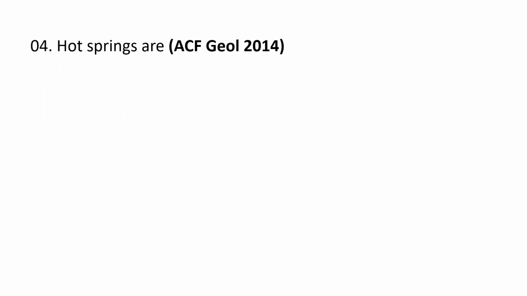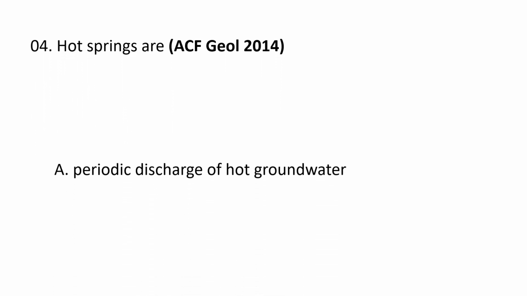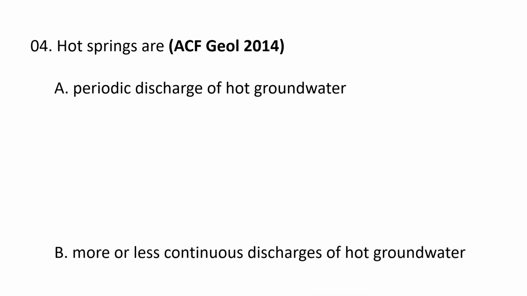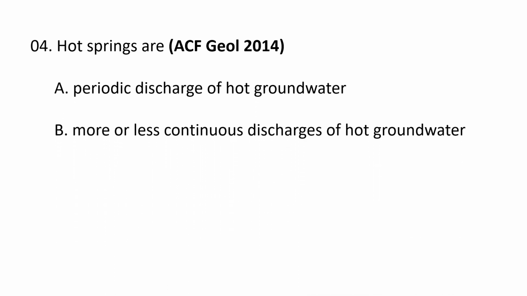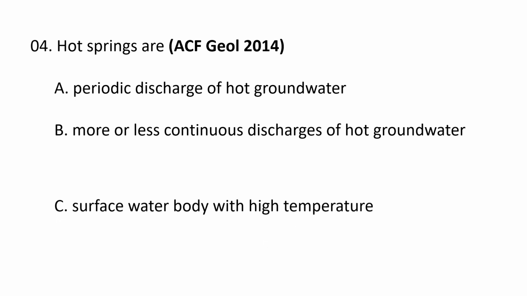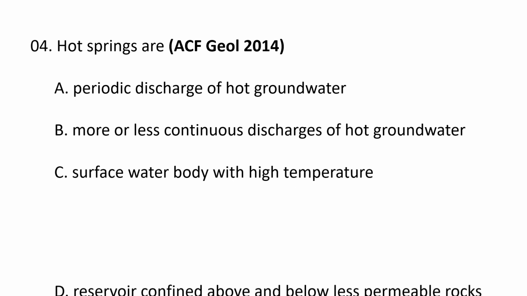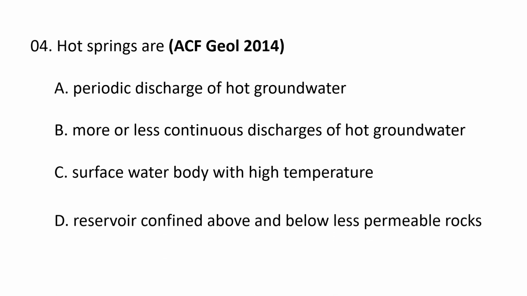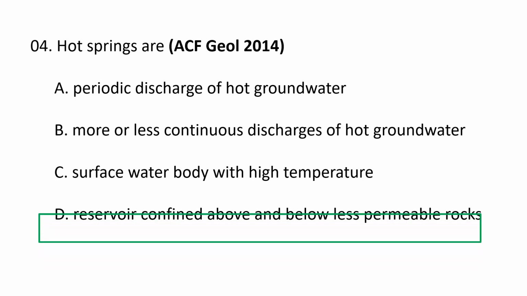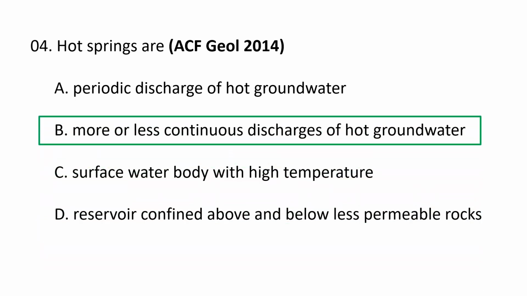Next question. Hot springs are: A, periodic discharge of hot groundwater, B, more or less continuous discharge of hot groundwater, C, surface water body with high temperature, and D, reservoir confined above and below by less permeable rocks. So hot springs are more or less continuous discharge of hot groundwater.